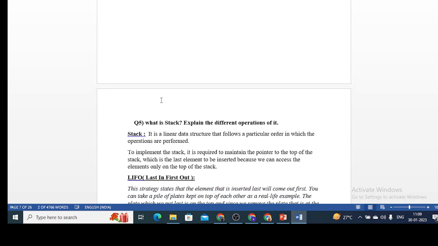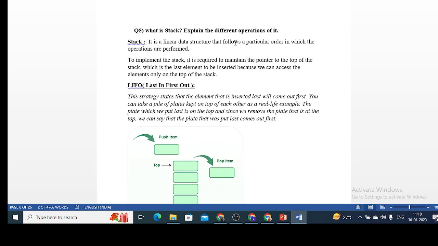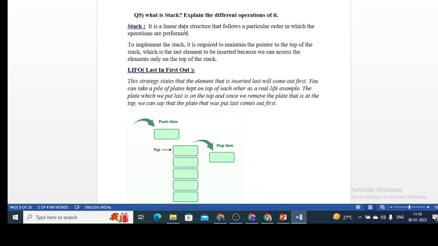Okay, then the last question for today is, what is stack? Explain the different operations of it. Now stack, we have seen in question number 1, it's a linear data structure that follows a particular order in which the operations are performed.